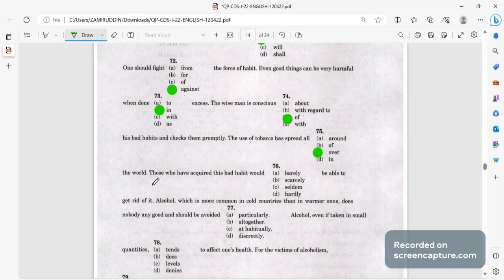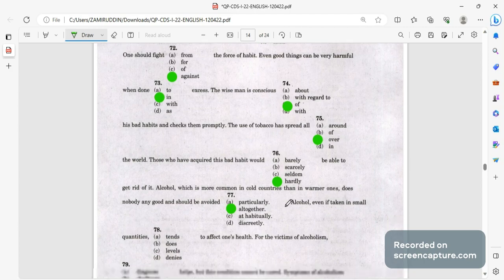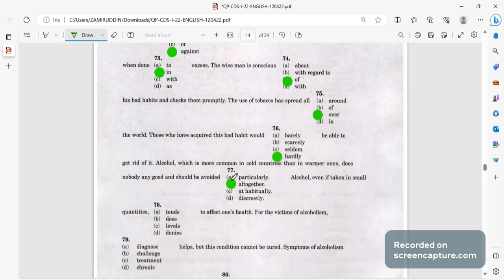Those who have acquired this bad habit would hardly be able to get rid of it. वो हार्डली उससे छुटकारा पा सकते हैं. Alcohol, which is more common in the colder countries than in the warmer ones, does nobody any good and should be avoided altogether. पूरी तरीके से उसे हमें अवॉइड करना चाहिए, altogether.